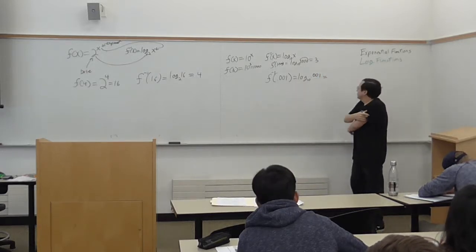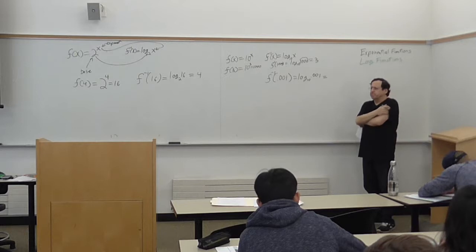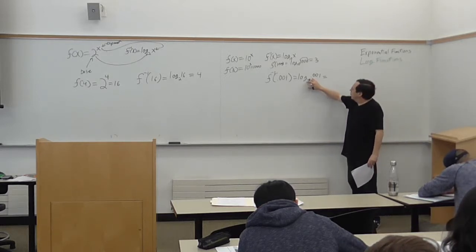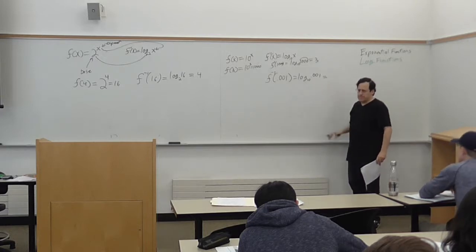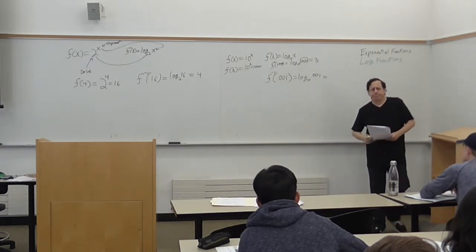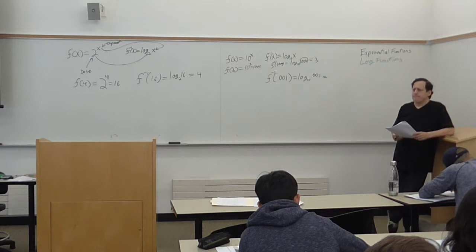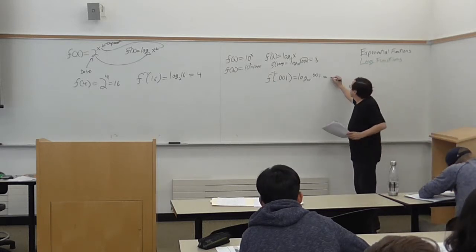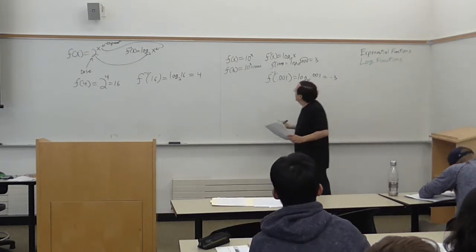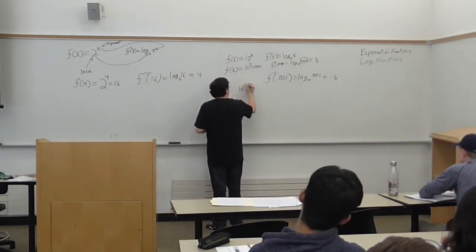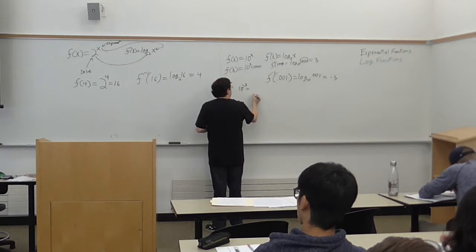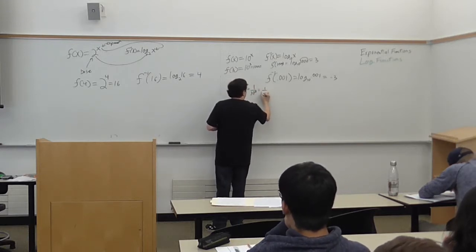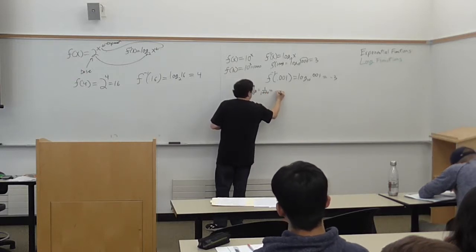What's that equal to? What do I raise 10 to get 0.001? John? -3. Oh, -3. Yeah, because 10 to the -3 is 1 over 10 cubed. It's 1 over 1,000. 0.001.